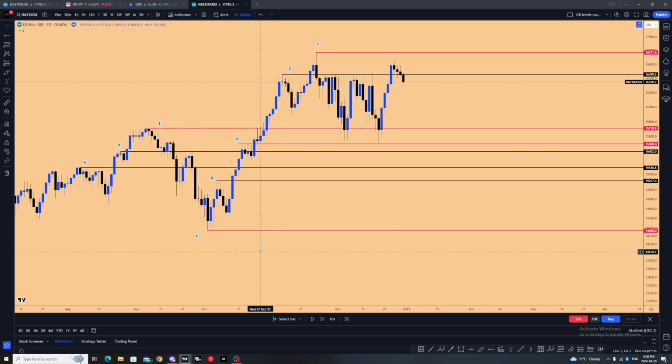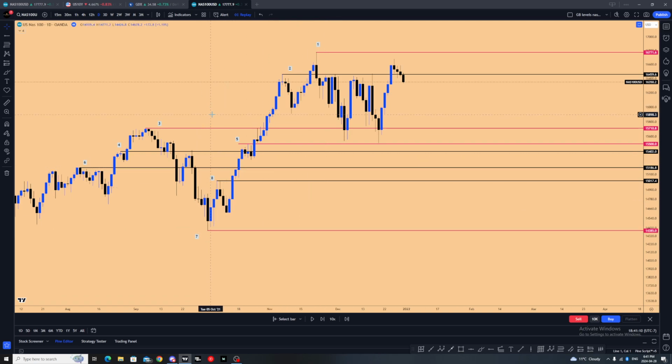Fifth is not an SR level. Fourth is like the weakest of all SR levels. Eighth is likely a little bit stronger than the fourth, just a little bit, but it is a very weak SR level in itself.